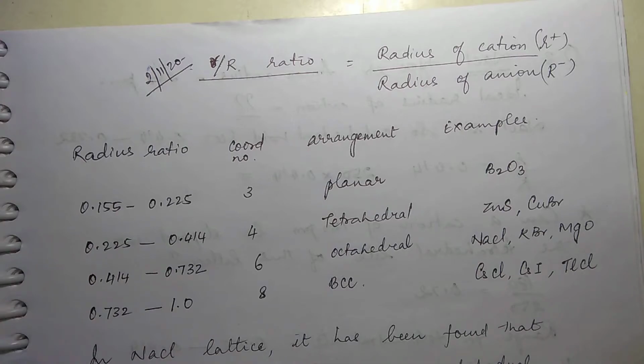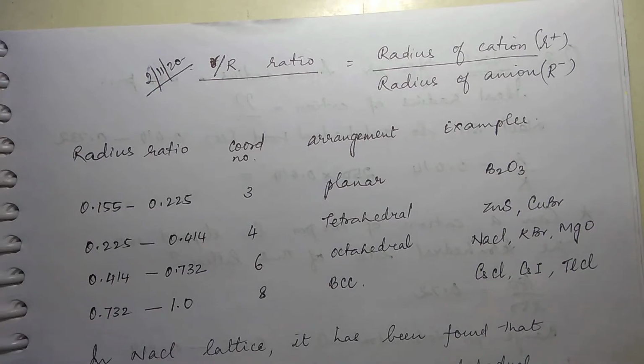So the rest of the 7 parts are in 7 other cubes. Now in those 7 other cubes, the central Cs plus will be in touch with these corner Cl minus ions. That is why you say the coordination number is 8.